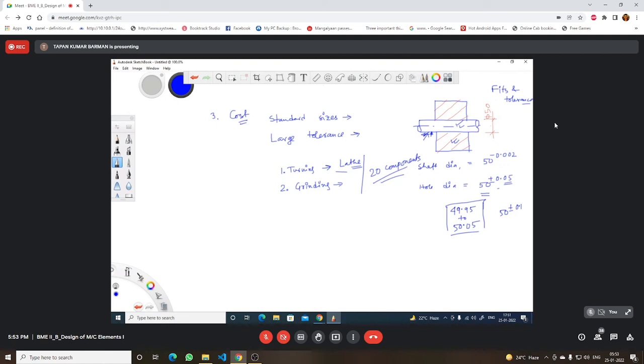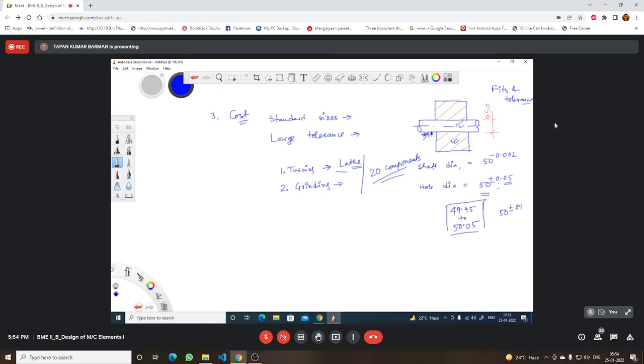Right? Now the thing is, say for example, the surface quality we are getting from the turning operation and the grinding operation are accepted by the designer. Then only can we compare which process should be selected.